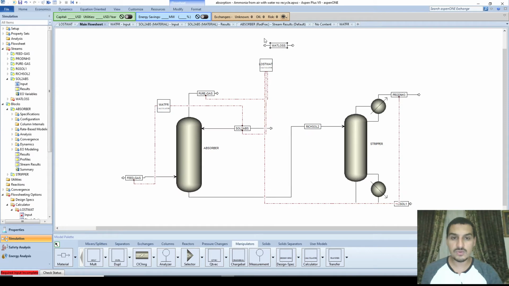So when I go to the main flowsheet and run the simulation, I should expect to see the flow rate of water here equal to the sum of water here and water here. Again, this is just something to get the numbers, or find a place for the numbers to be put into.